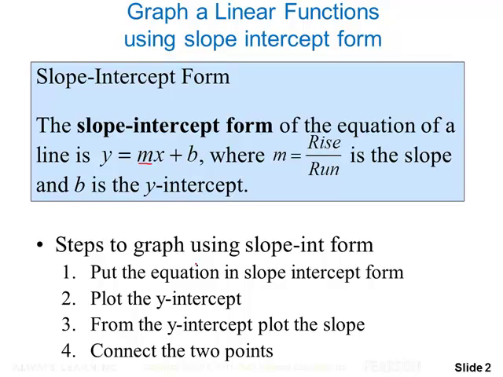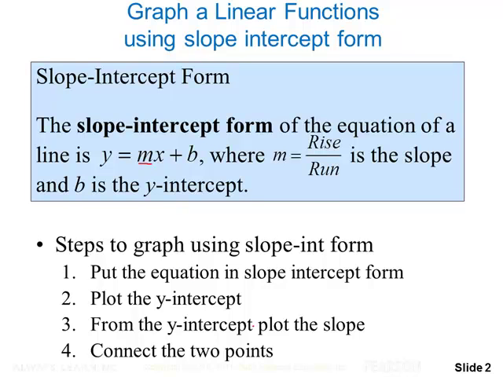And here are the steps to graph using this slope-intercept form. The first step is that you'll put the equation in slope-intercept form if it's not already done so. The second thing you'll do is plot the y-intercept. Recall that the y-intercept, which is this constant b, is the place where your line crosses the y-axis.